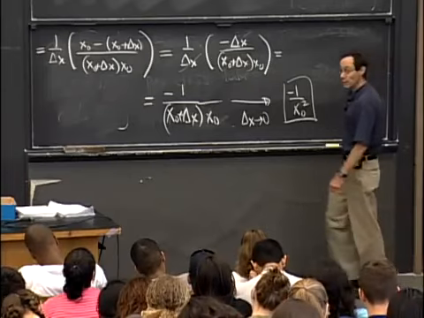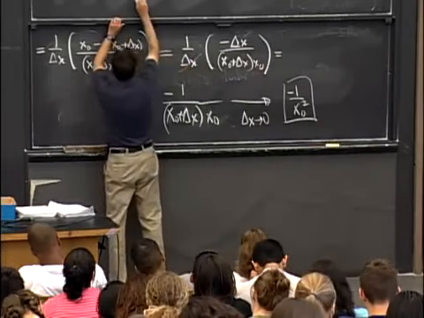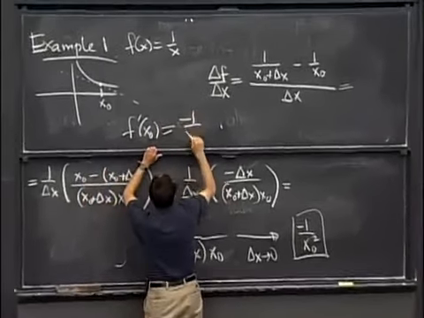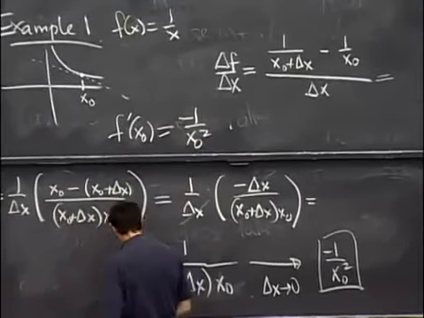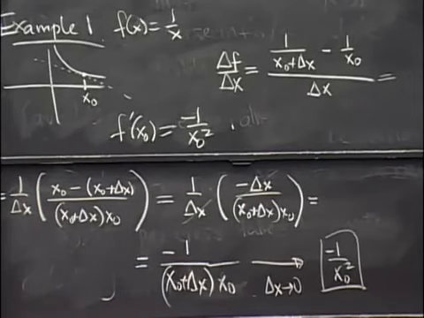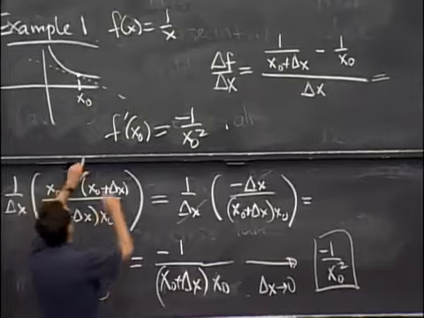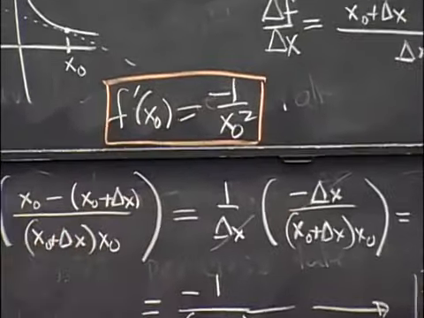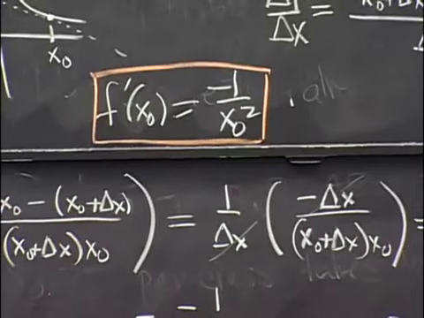All right, so in other words, what I've shown, let me put it up here, is that f prime of x0 is minus 1 over x0 squared. Now, let's look at the graph just a little bit to check this for plausibility, all right?